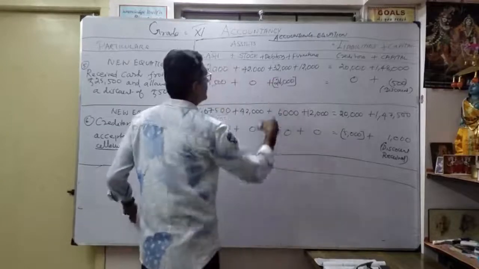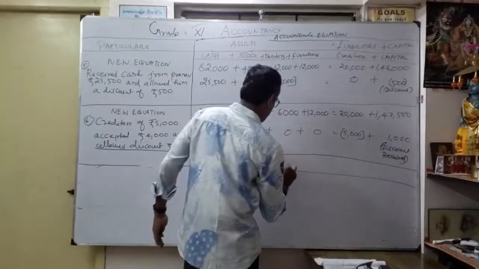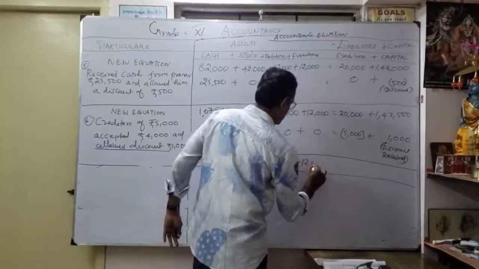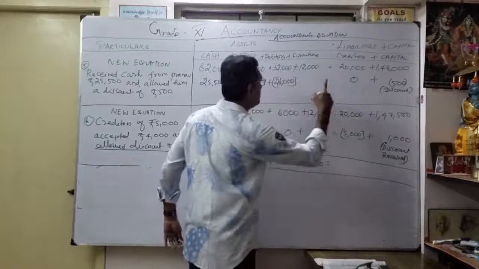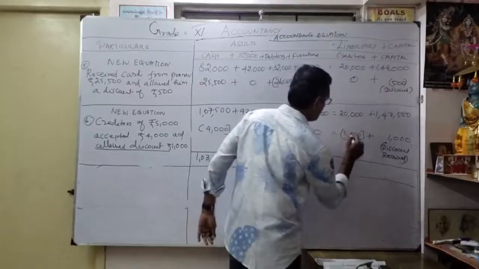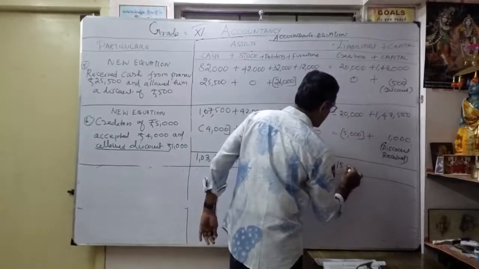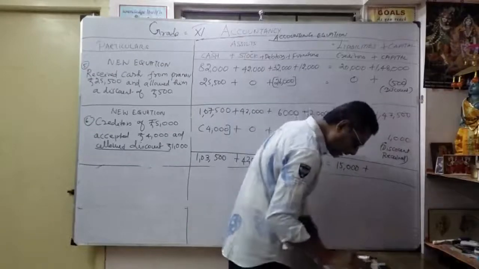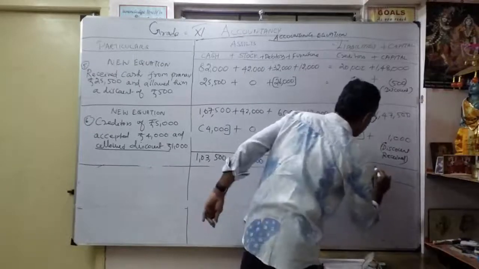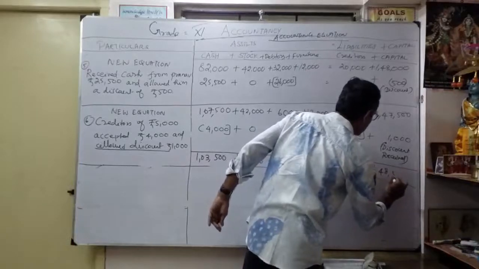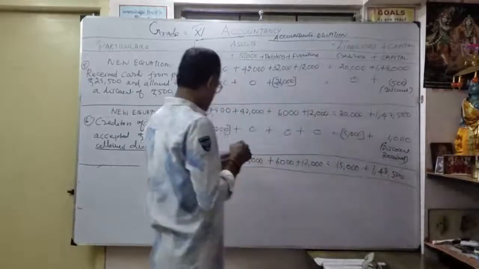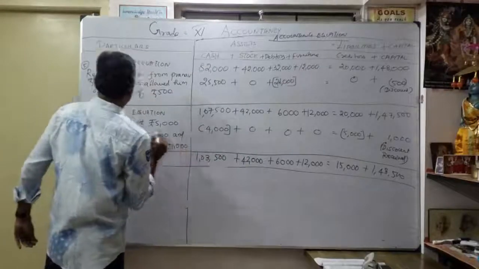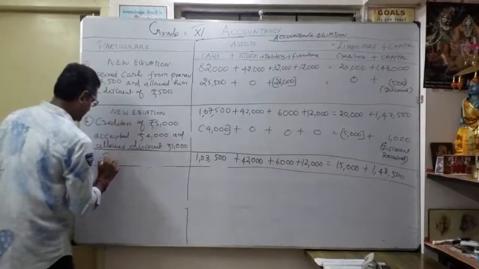Plus my debtors become 6,000 only, correct? My furniture is the same, 12,000. Now my creditors become what? 20,000 minus 5,000, 15,000 only. Plus my capital becomes now 1,48,500. Correct? So this is called the final equation.